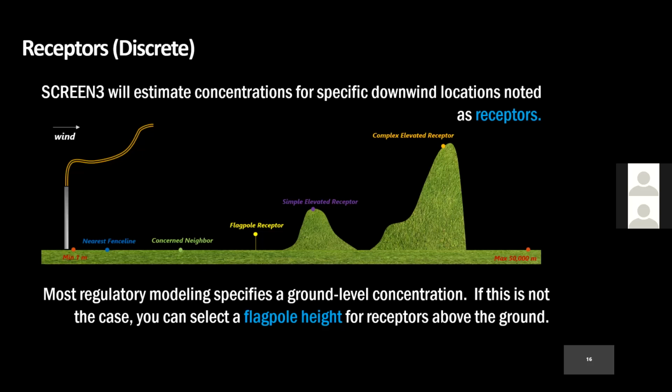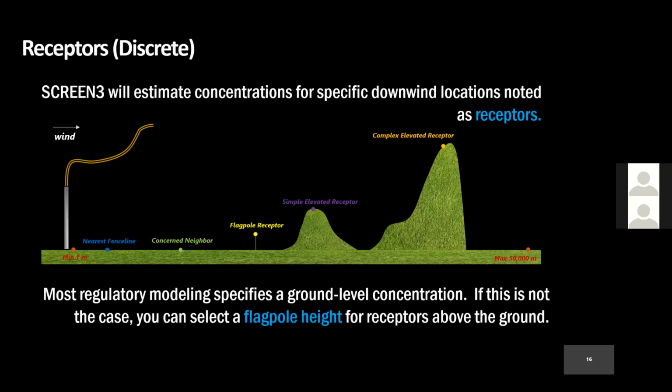If, say, you have a neighbor that is reporting odor complaints or something, and you're concerned about how some change in emissions might affect that person specifically, you can put a receptor at that location and figure out what the impacts are going to be at that particular location. All of these little dots, all of these little receptors in my little diagram are all on the ground, even the simple elevated receptor and the complex elevated receptor.